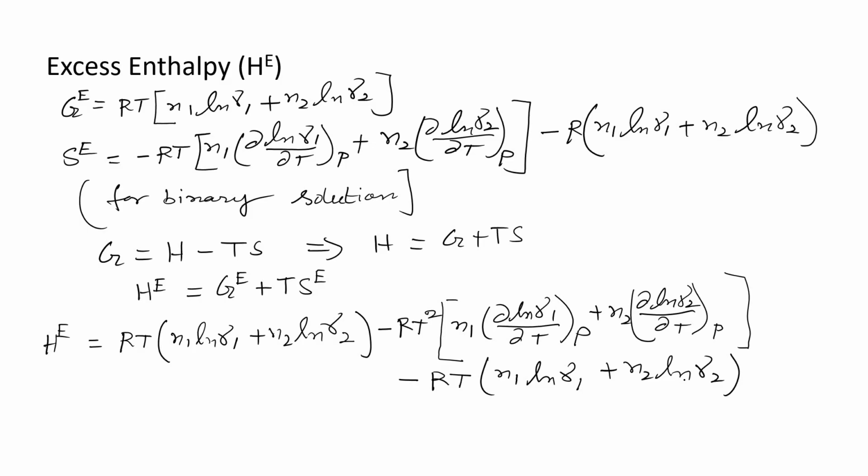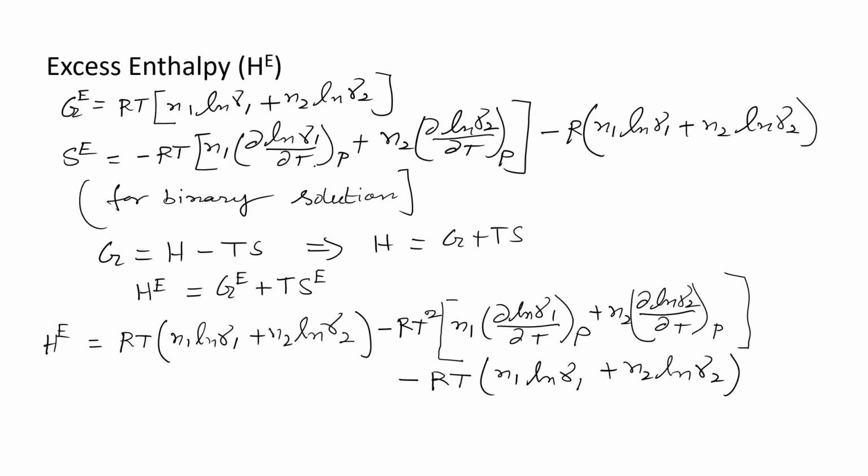That is G plus TS. G is this one, RT times N1 ln gamma 1 plus N2 ln gamma 2, plus TS. We have to multiply by T, so it is RT square.